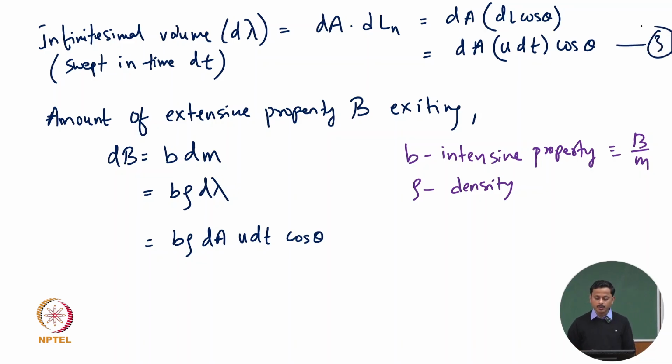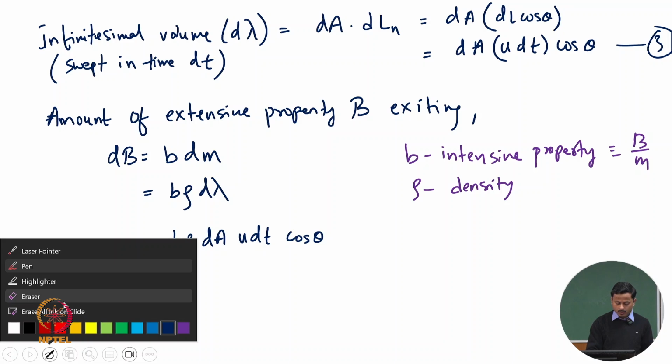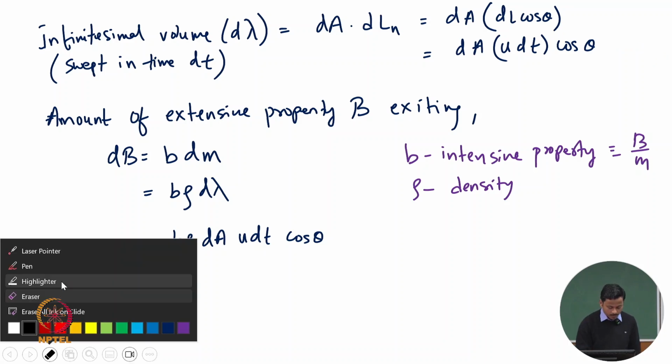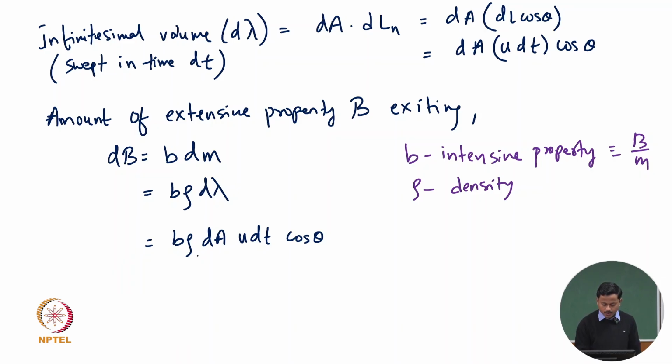So using this equation 3, we get... I have to name this equation at this point. It might be confusing later on. So b rho dA u dt comes from this expression that we have derived for d lambda.